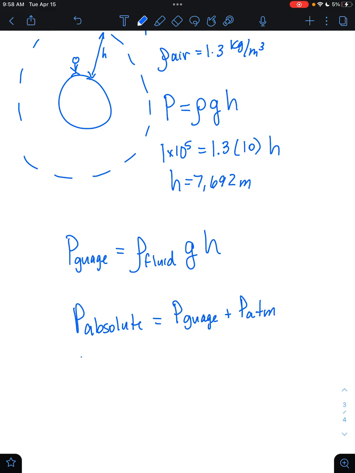So your absolute pressure is going to be equal to rho g h plus 1 times 10 to the 5th pascals. Depending on if they want to know what added pressure you have because you're below the surface of a fluid, or the total pressure you have because of air and the fluid, that's how you would interpret when to use which version of that equation.